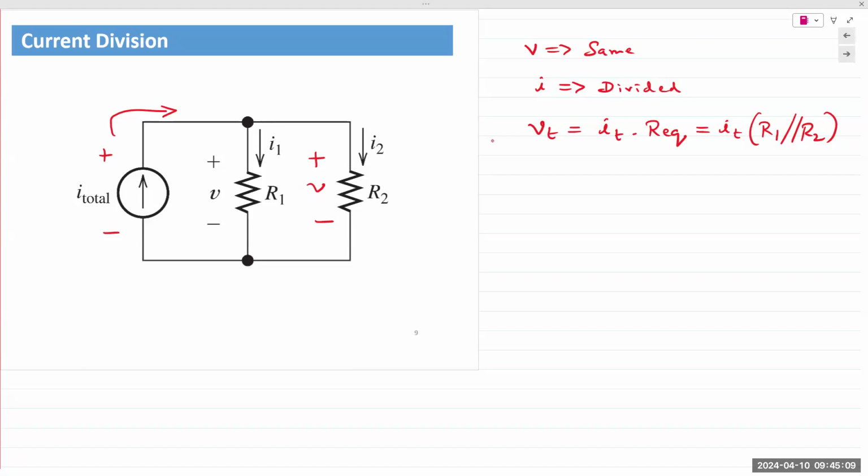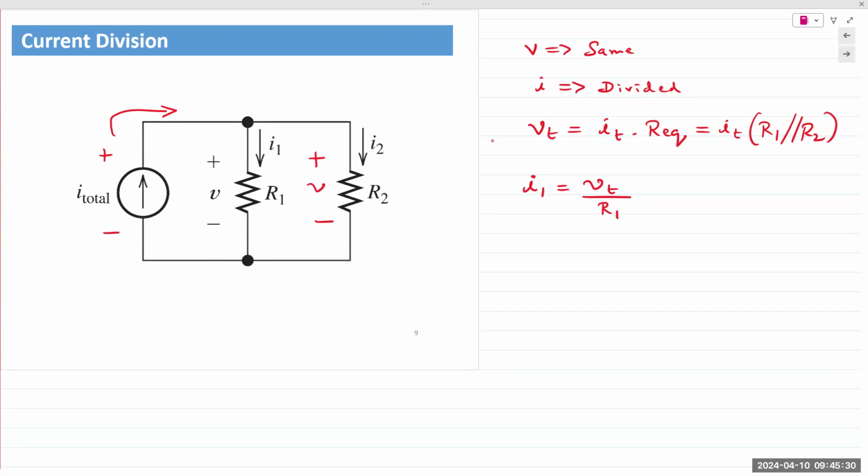So you find Req, and then you can find, let's see, to find current I1, voltage, again, as I said, is the same for all of them. You apply Ohm's law. This is VT over R1.